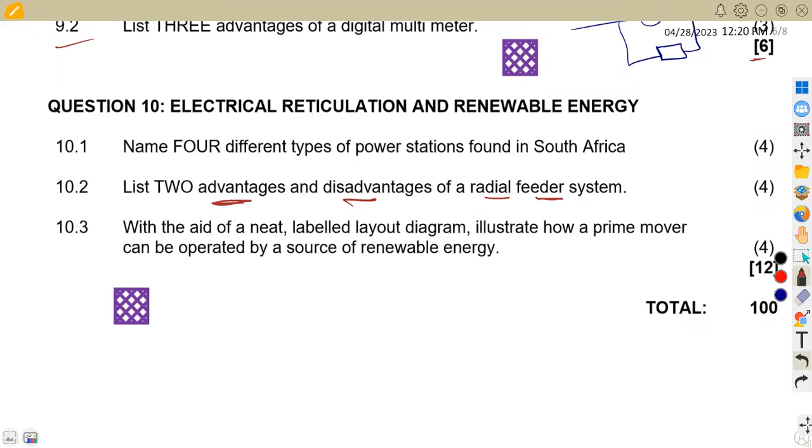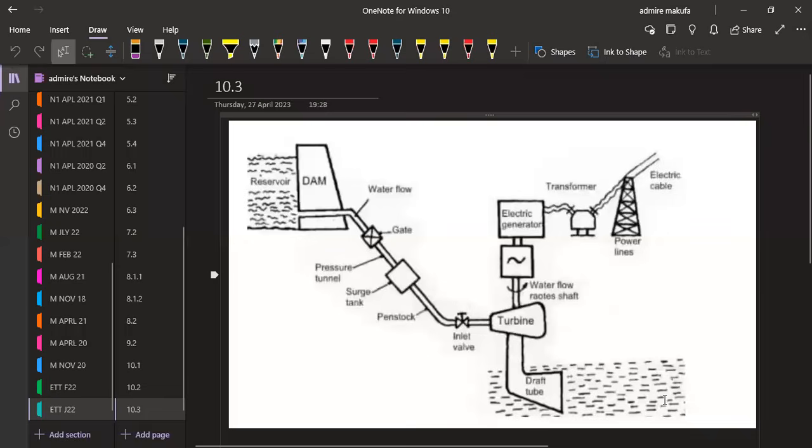All right, so let's check what we have as the diagram. This is what I'm having from the distribution from the reservoir bank, which is our dam. We are going to have the water flow. This is the gate, the pressure tunnel to the surge tanks, the penstock, onto the inlet valve.